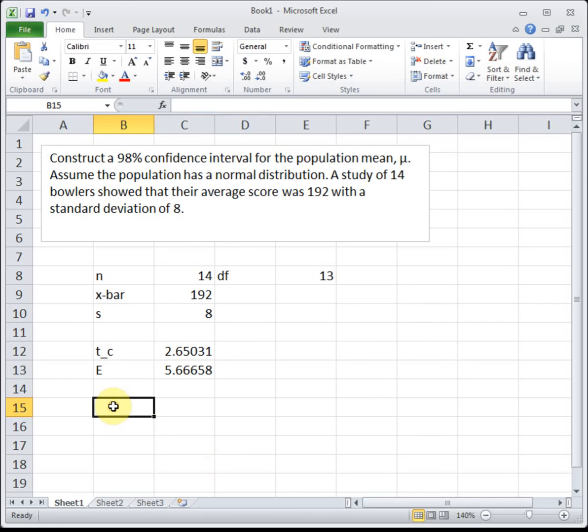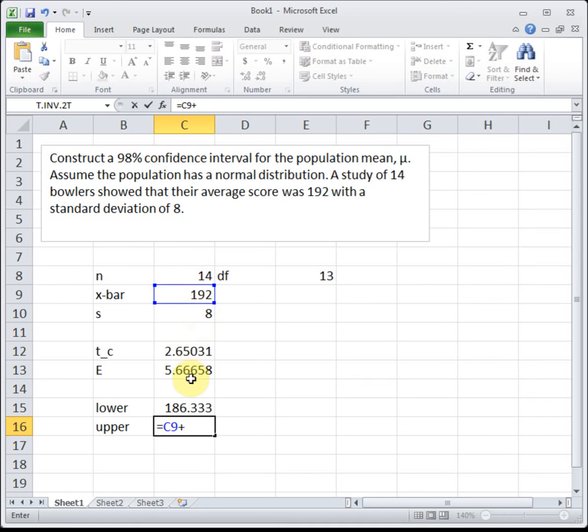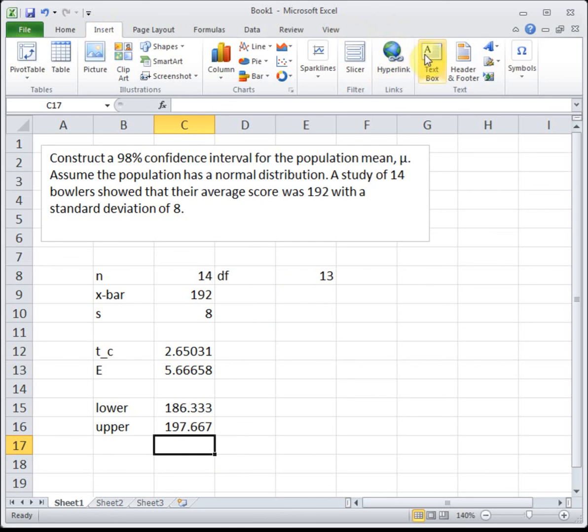And then all we have to do is add and subtract to get our endpoints. So our lower endpoint is going to be our x bar minus our margin of error. And then our upper endpoint is our x bar plus our margin of error. Let me type this out in the text box so it looks nice.